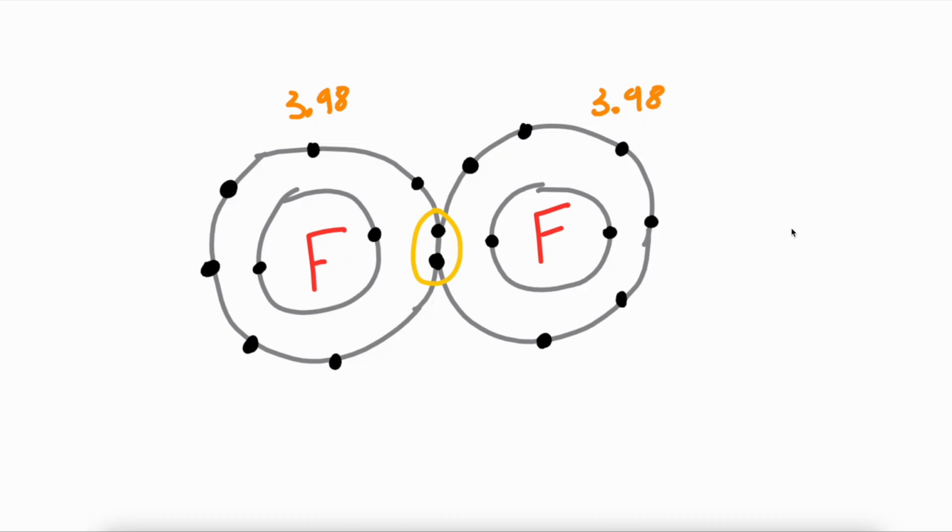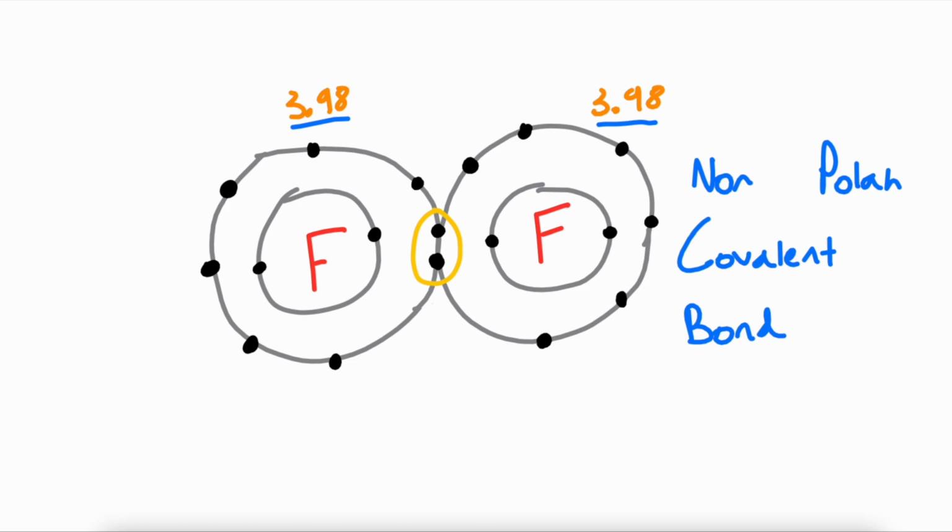Again, similar to the bond in hydrogen fluoride and in the water molecule, these electrons are being shared between each fluorine atom. However, notice that each fluorine has the same electronegativity. Because of this, this is a non-polar covalent bond. The electrons are being held equidistant from each fluorine atom, so there are no partial charges to assign.